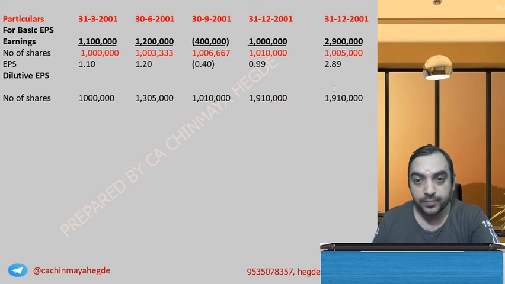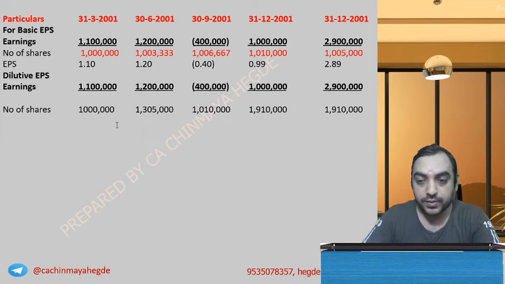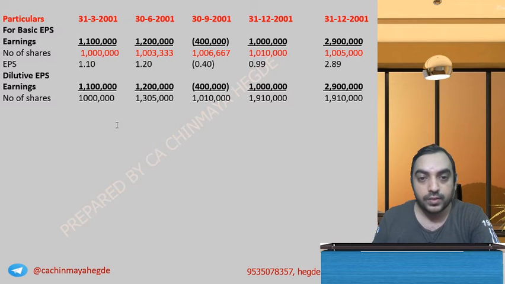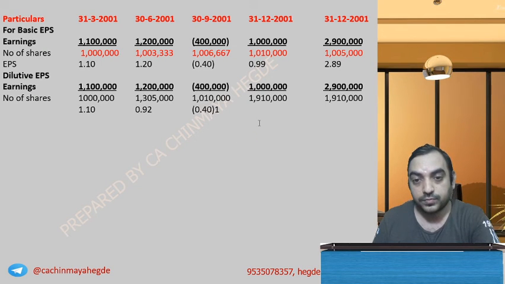The same earnings will come even in relation to dilutive EPS. What are the numbers you get? 0.1 into 4, 0.52, 1.52.